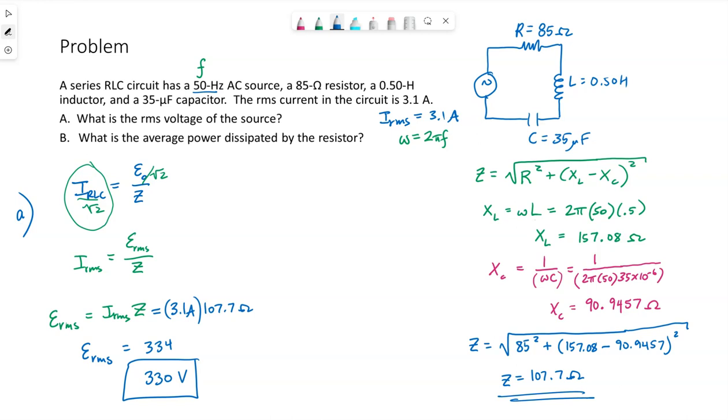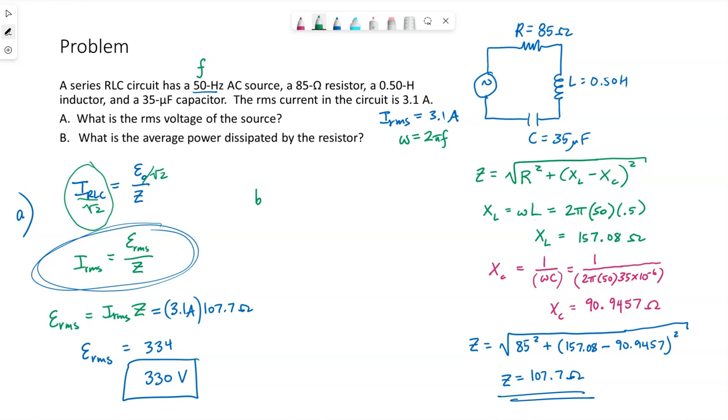Or if the source voltage is fixed in terms of the actual volts, and we change the frequency, that would change how much current could flow. Z always changes with frequency, and that's because XL and XC depend upon that frequency.